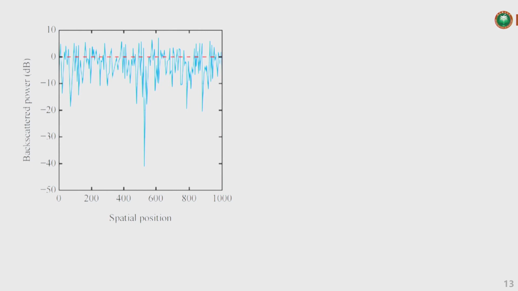That means even though we say they are uniform sometimes, the backscatter power fluctuates a lot. You can see sometimes it can reach minus 40 dB.